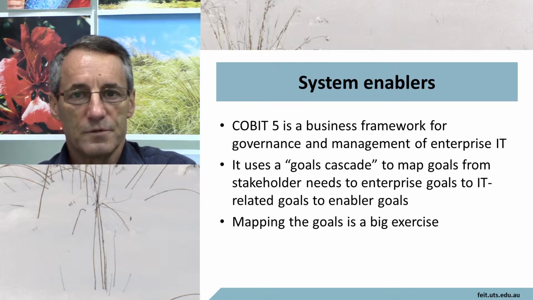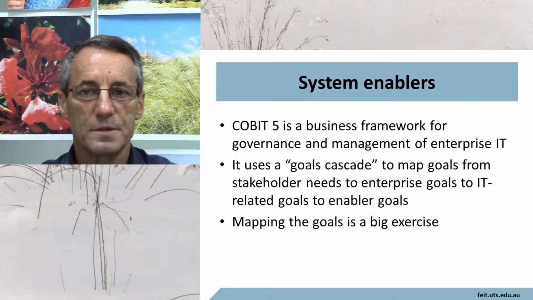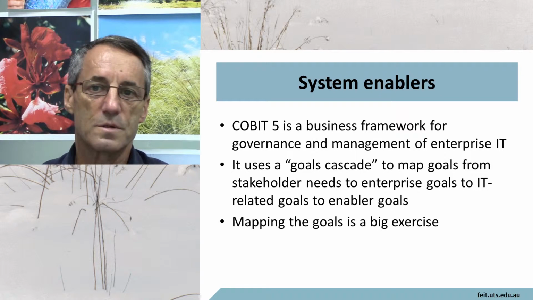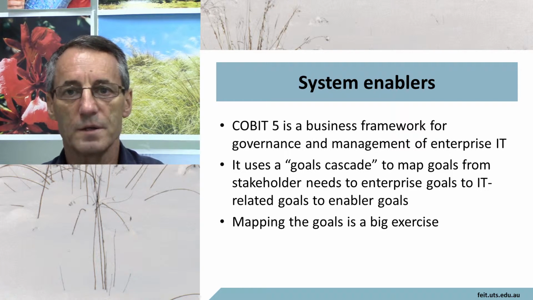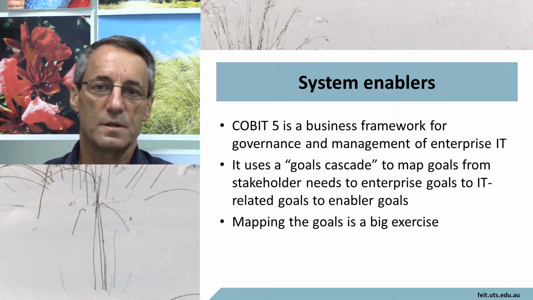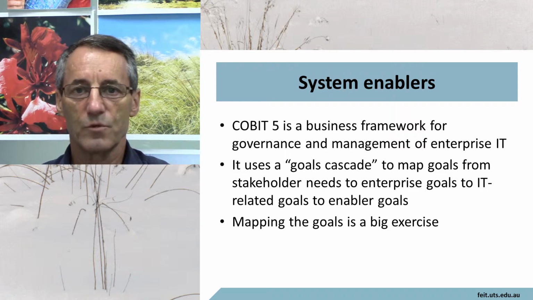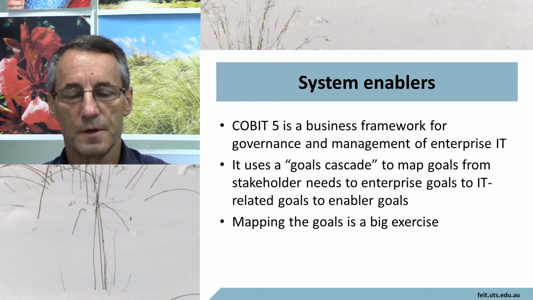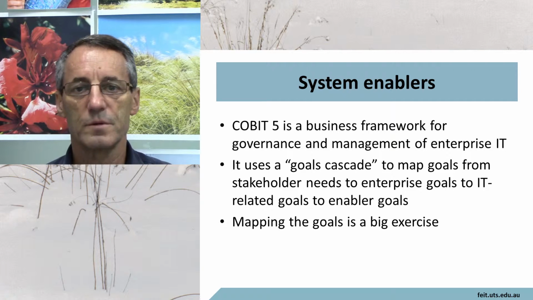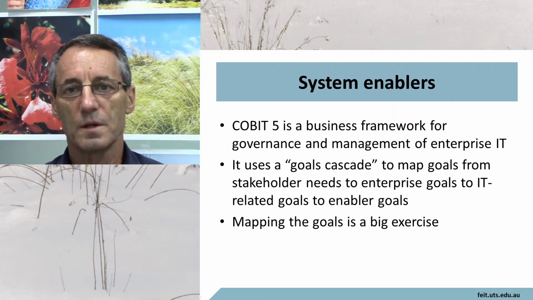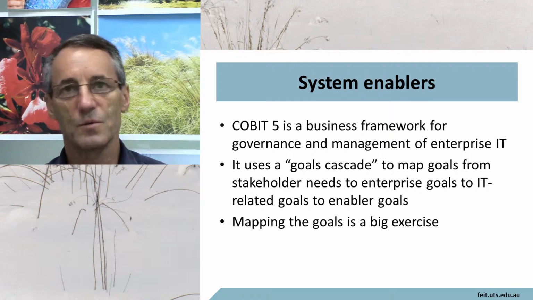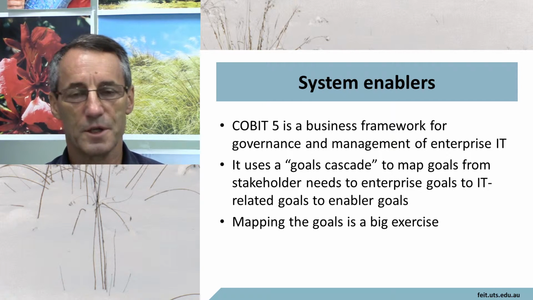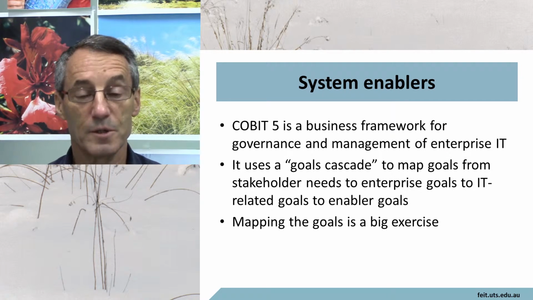Now, aside from the enablers, COBIT 5 employs what they call a goals cascade. So they start at the highest level, the strategic level, with the strategic goals, and they cascade these down through the organization to determine what should be at each level of the organization, down to the level of the enablers.